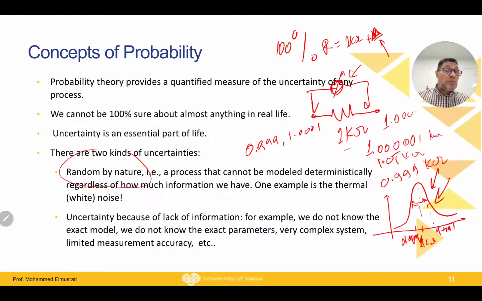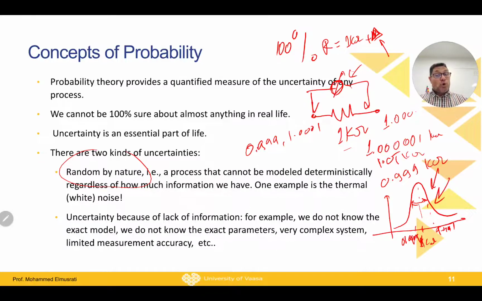Of course, it is debatable. Some people say that it is not possible, because in life we always have some logic behind every process, and if we don't know the logic or the reason behind a process, we represent it as a random process, but it doesn't mean that it is random by nature.